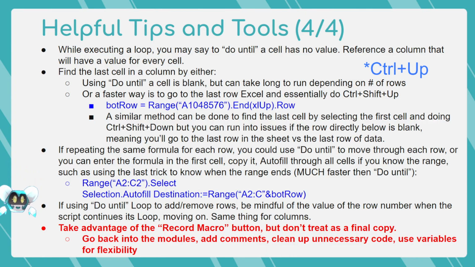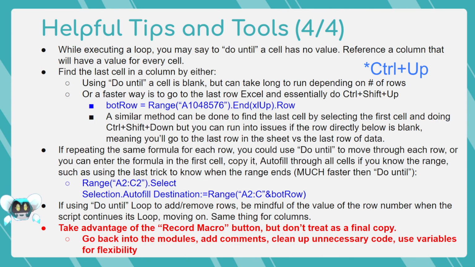If you are inserting or removing rows or columns, especially in a do until loop, just be mindful of whether you are keeping track of what the current row is. If you add in new rows or subtract, well, now the count is going to be off.